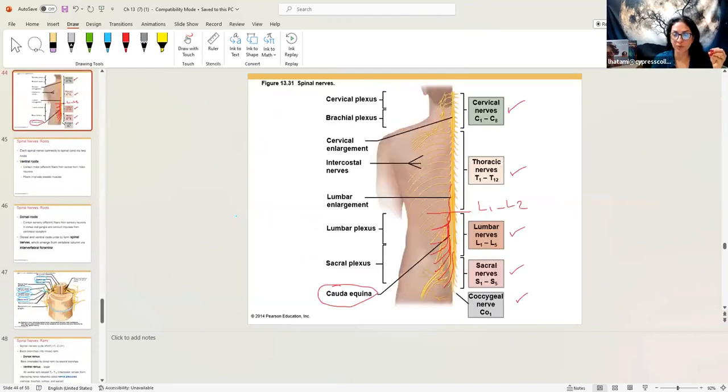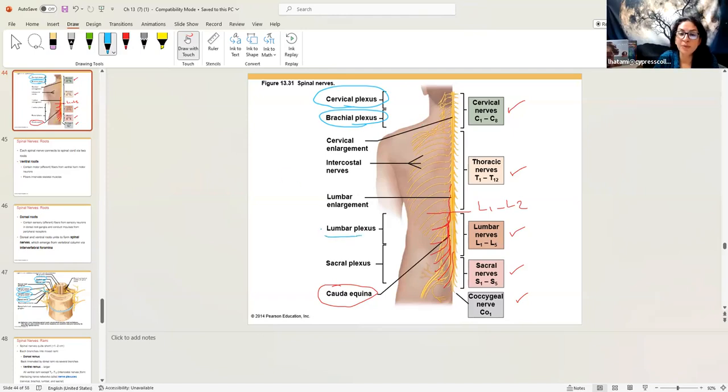Let me go back to this picture. Most of the cervical, lumbar, sacral, and coccygeal nerves are going to be involved in making the plexus, the nervous plexus, and we have 4 nervous plexuses in our body. We have the cervical plexus, related to the neck region, and the brachial plexus, which makes branches that innervate the muscles and skin of the upper limb.